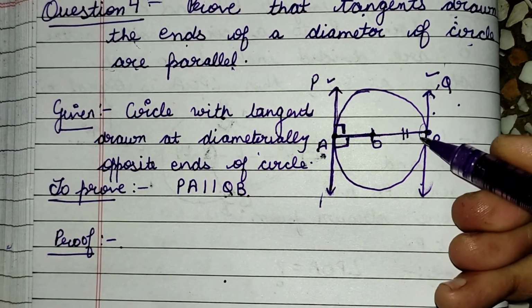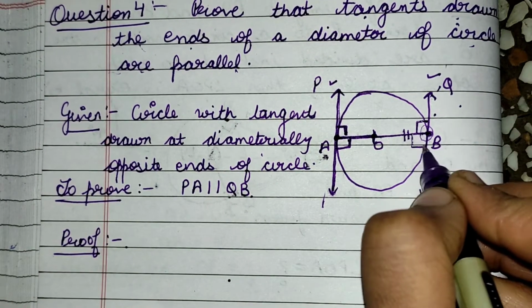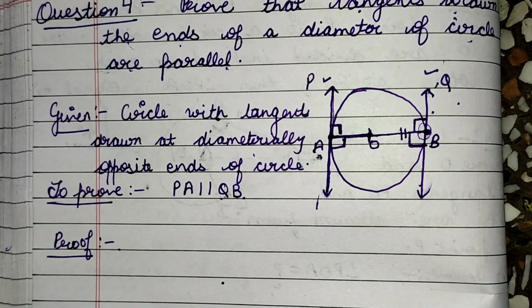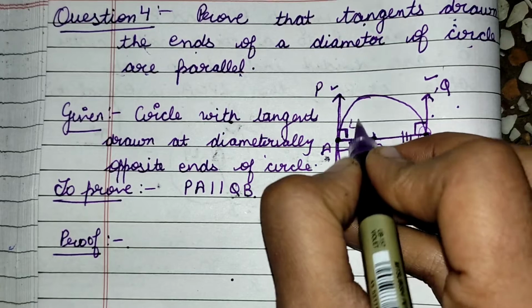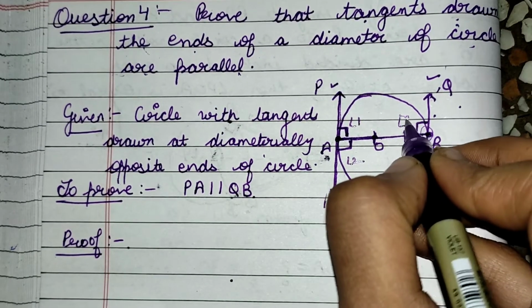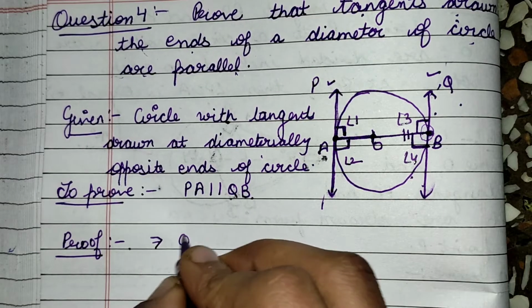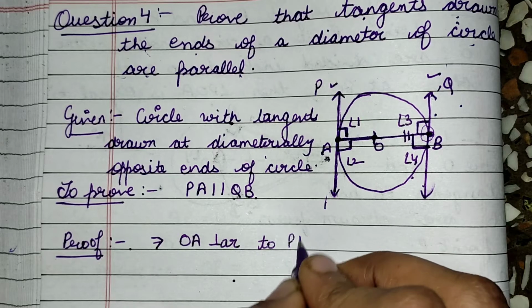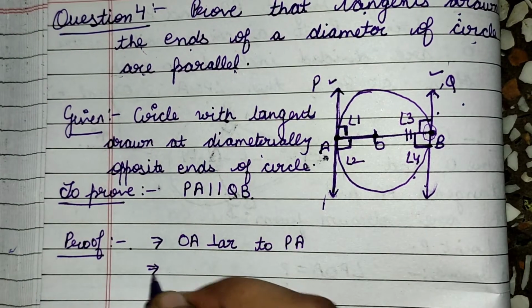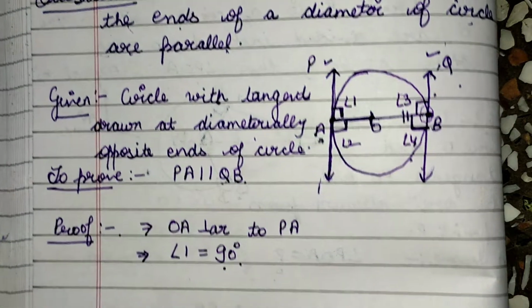At the point of contact B, it will make an angle of 90 degrees, and here also 90 degrees. Let's name them angle 1, 2, angle 3 and angle 4. So OA is perpendicular to PA, so angle 1 will be equal to 90 degrees.